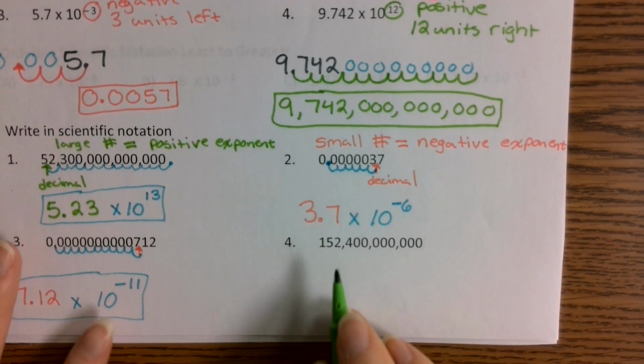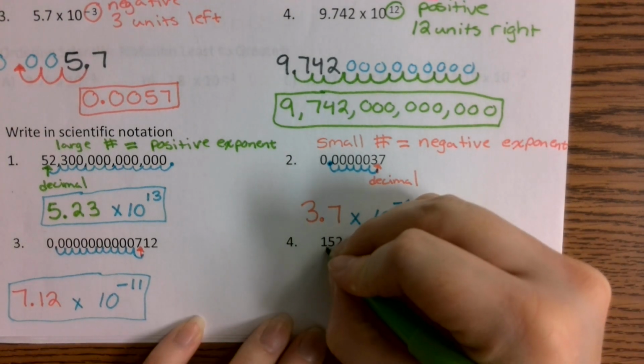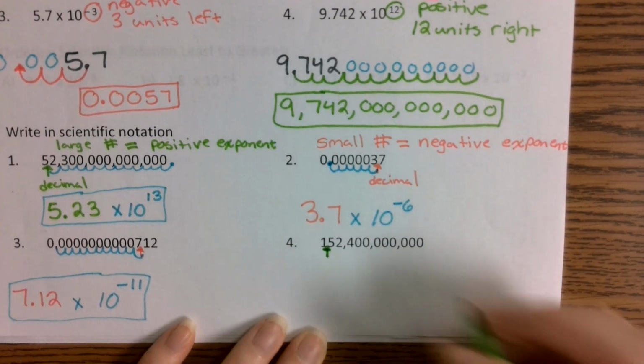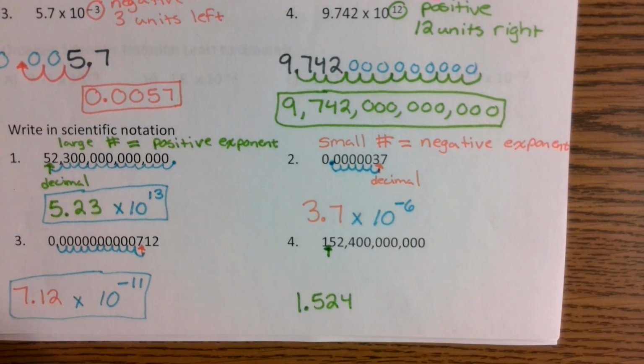So where do you need to place your decimal value between? Where should you place it between, Ray? In between the 1 and the 5, right? Should go in between the 1 and the 5. So this should be 1.524. Now let's go ahead and see our original decimal. Our original decimal was in the back.